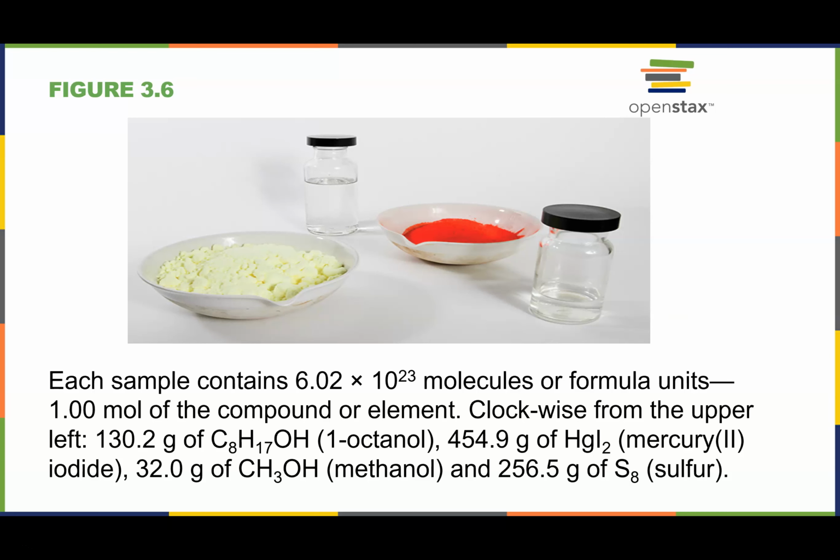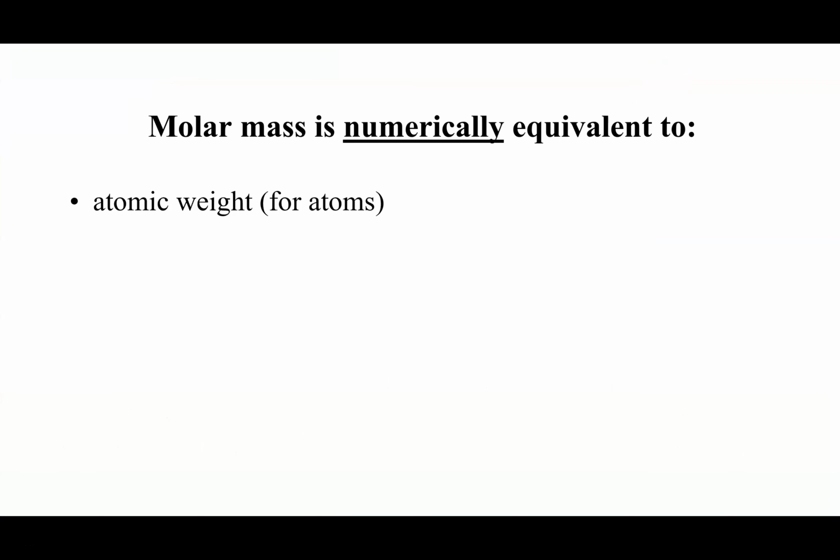All they did was basically weigh out in grams what the molecular weight is. Molar mass for atoms is equivalent to atomic weight. Molar mass for molecular compounds is the same number as molecular weight.